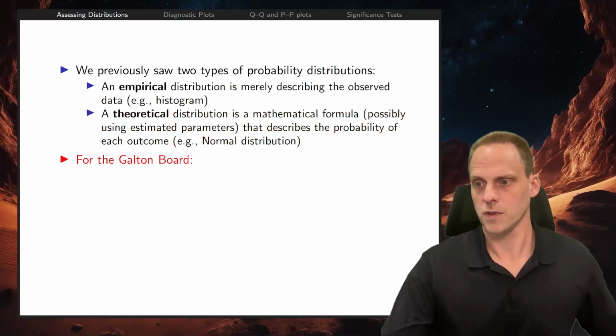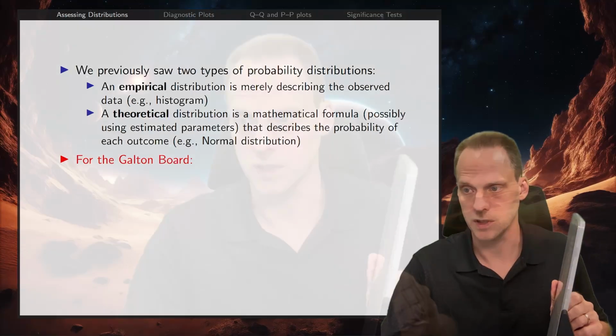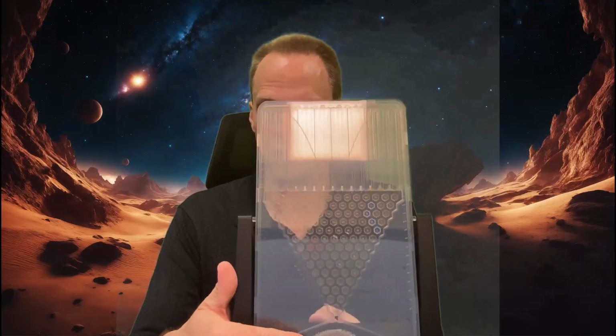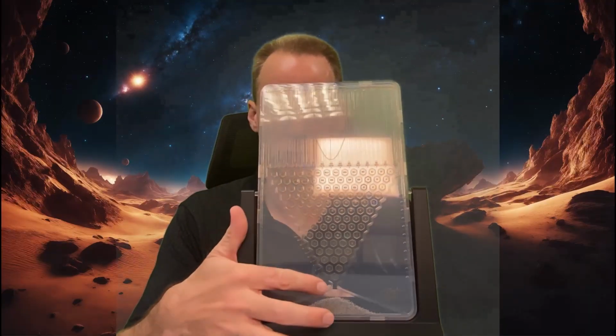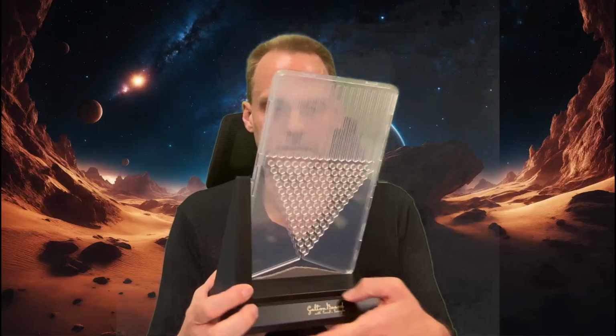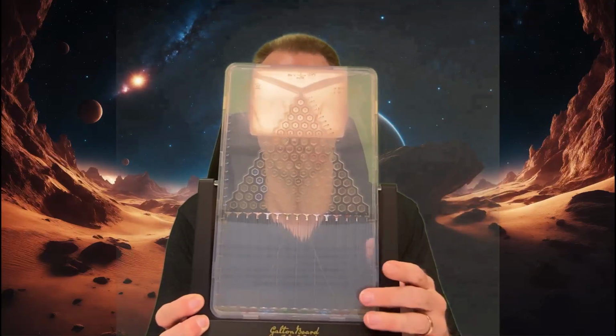Now, if you remember the Galton board, which I have here, we had all these balls, and if I flip it, the balls will fall on these pins. Every time a ball falls, it falls on the pin.